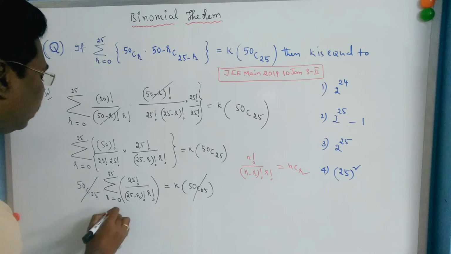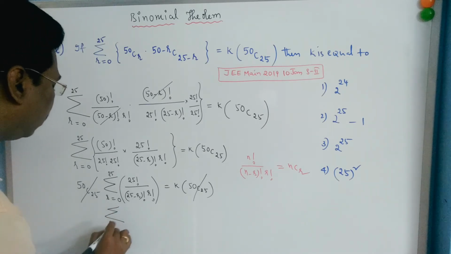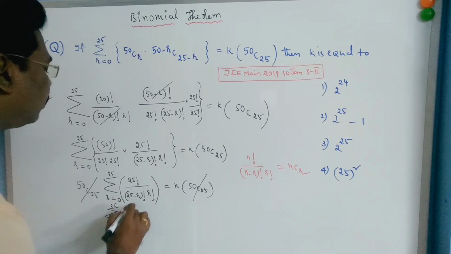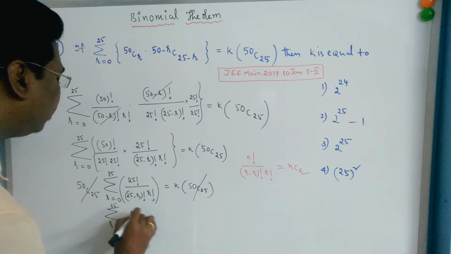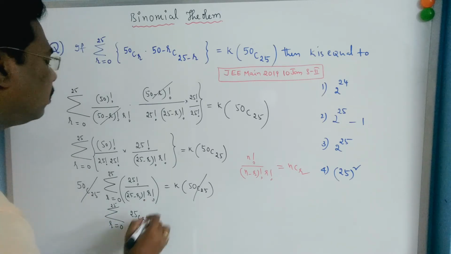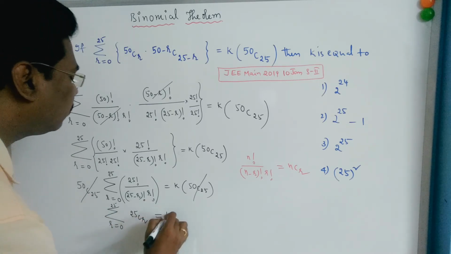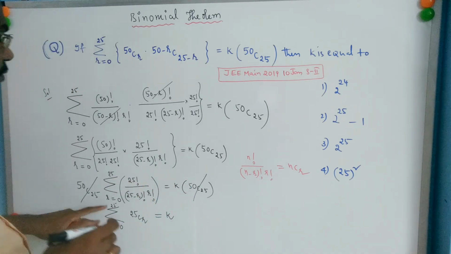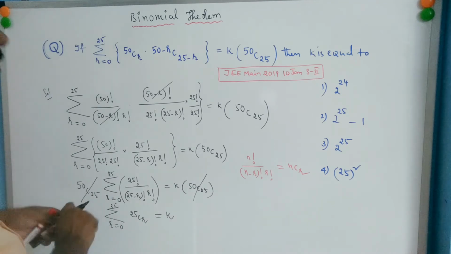Sigma r is equal to 0 to 25, 25Cr is equal to k. Okay, now r value 0 to 25, expand this one.